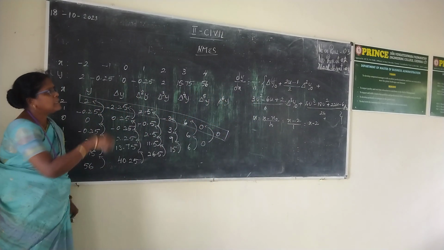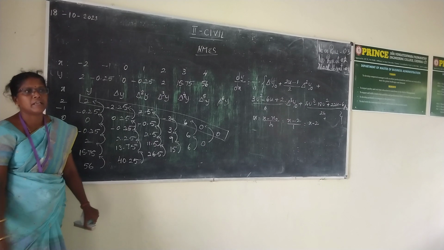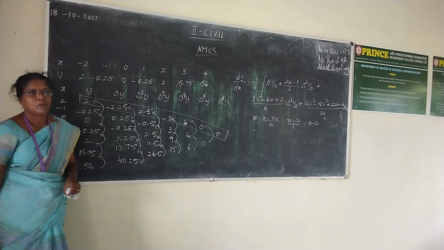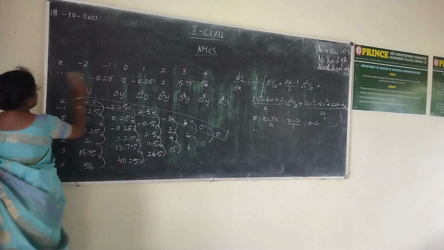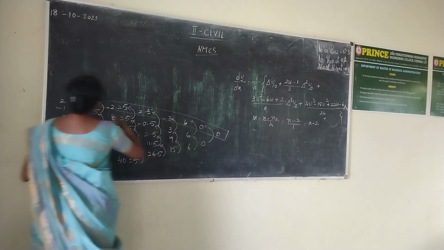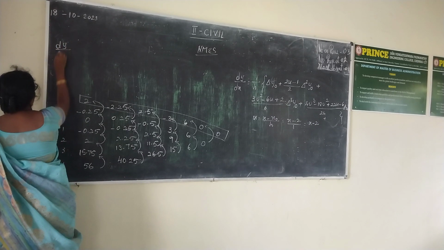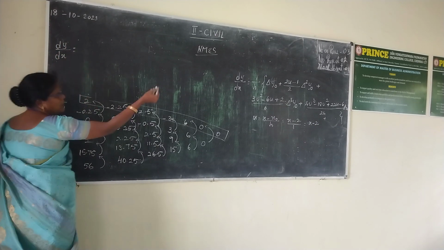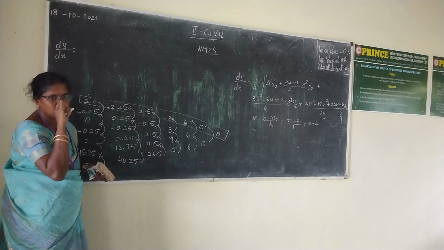Now substitute carefully in your formula, because you are going to find an expression. So dy by dx is equal to 1 by h, so 1 by 1 is 1.